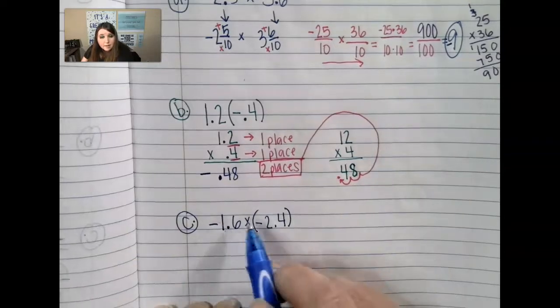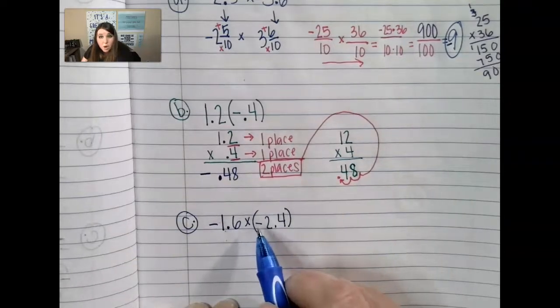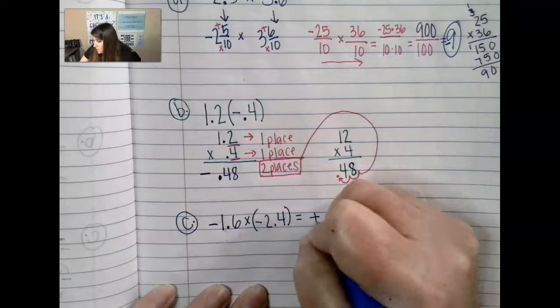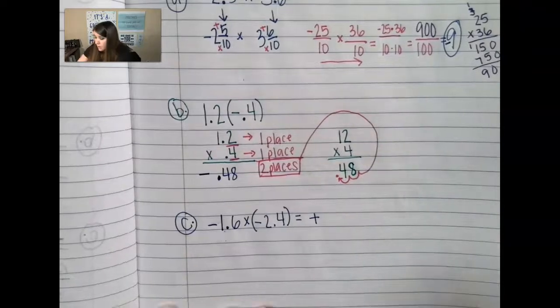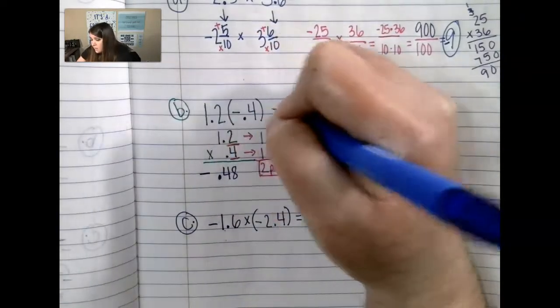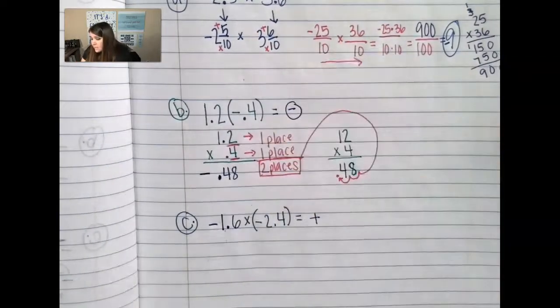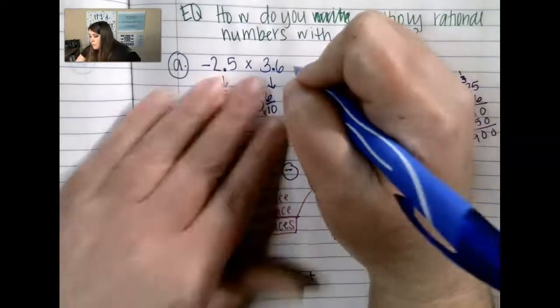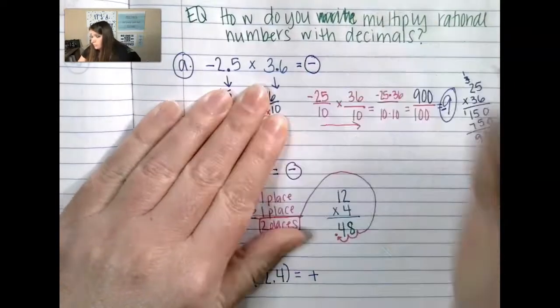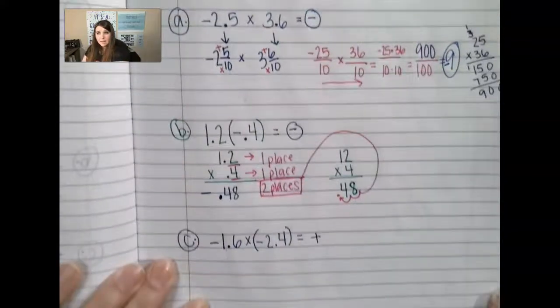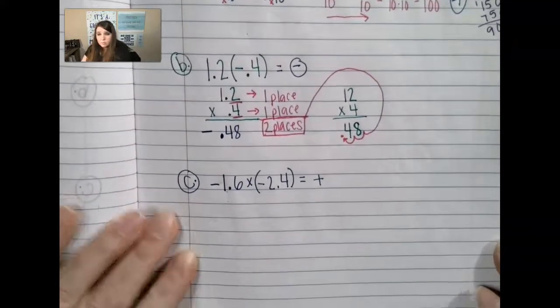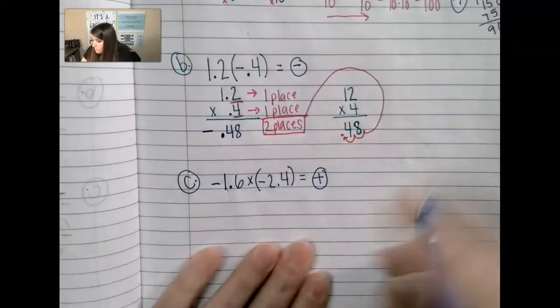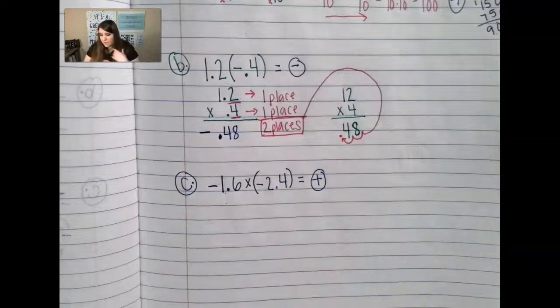We already know a negative times a negative is going to give us a positive, so my answer is going to be a positive something. Up on A, I had a negative times a positive, so I knew my answer was going to be a negative. On this problem, the rules are the same, but now we're just going to multiply.